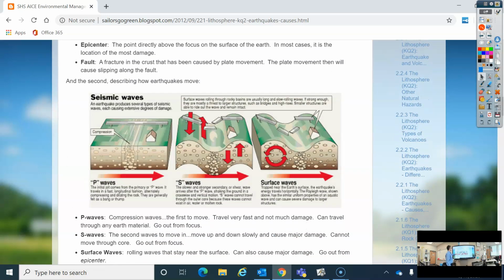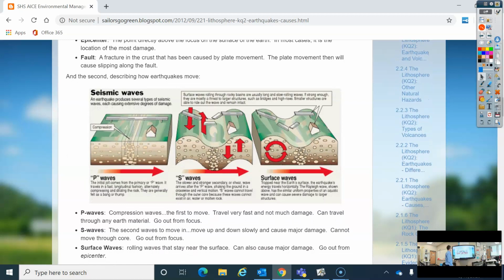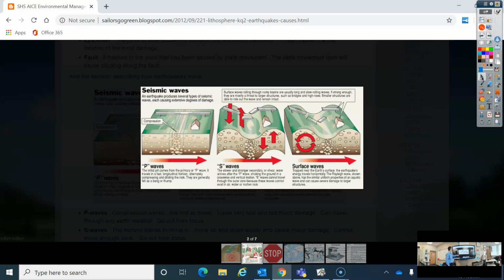And this is the second graphic, and this one describes how waves move. We've got three types of waves in here, and we've already talked about two of them when we talked about how they determine the structure of the Earth. They send P waves and S waves in. Well, the same types of waves are generated by earthquakes. P waves are compression waves, and you can see that in the first diagram here, okay?